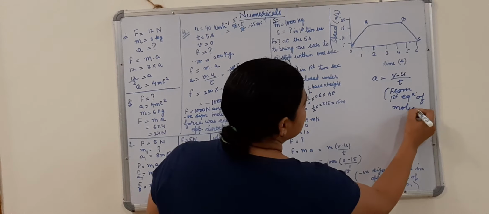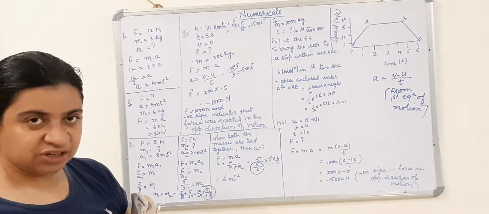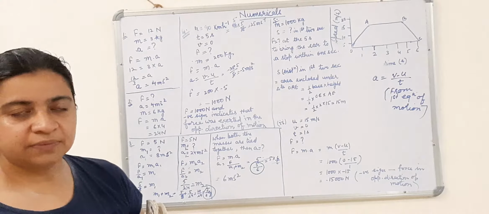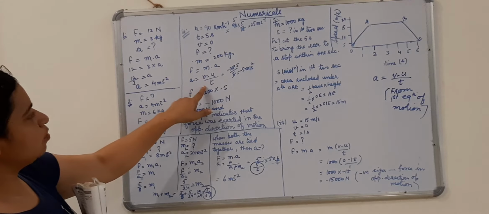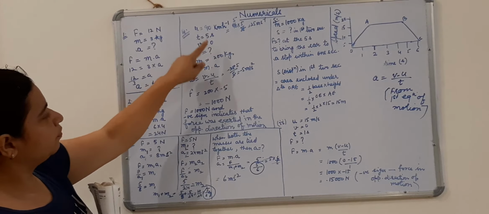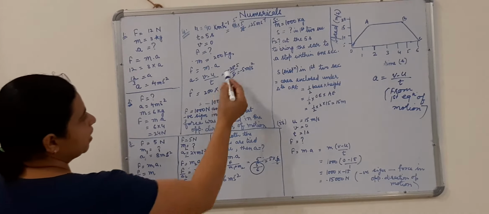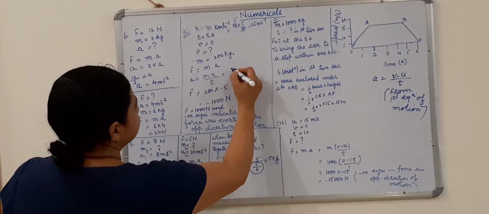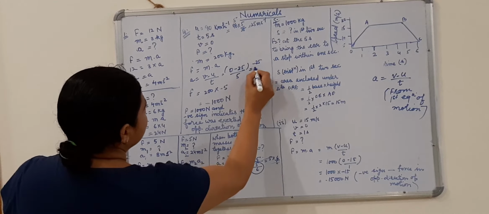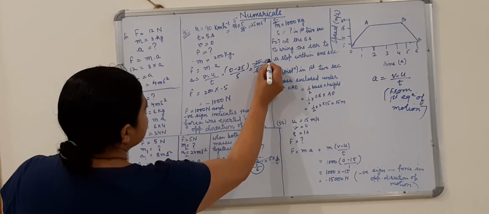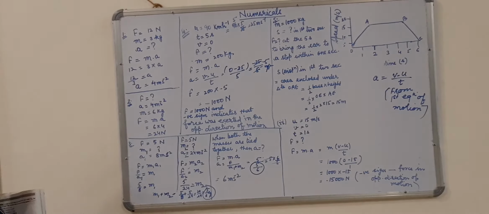That is why, when I was starting this video, I told you that you need to keep in mind the 3 equations of motion and this formula, F is equal to m into A. So, A is V minus U upon T. V is 0, U is 25 meter per second and T is 5 seconds. So 0 minus 25 upon 5 is equal to minus 5 meter per second square.